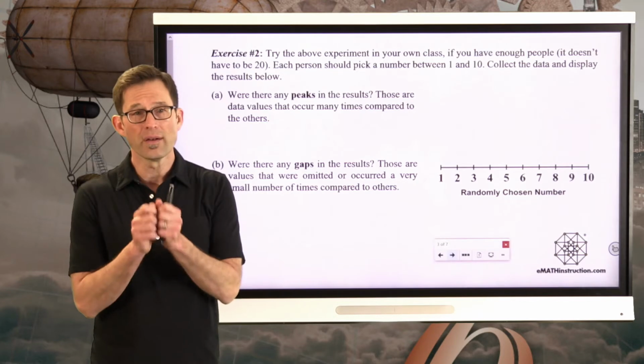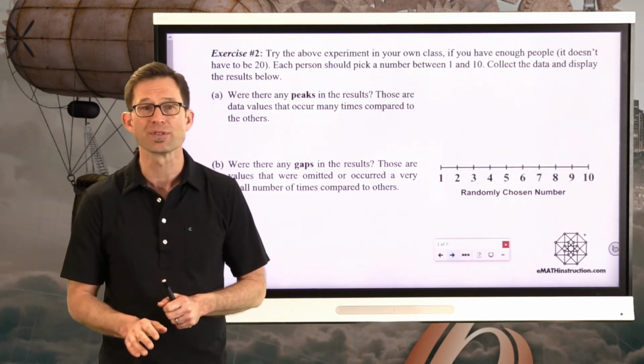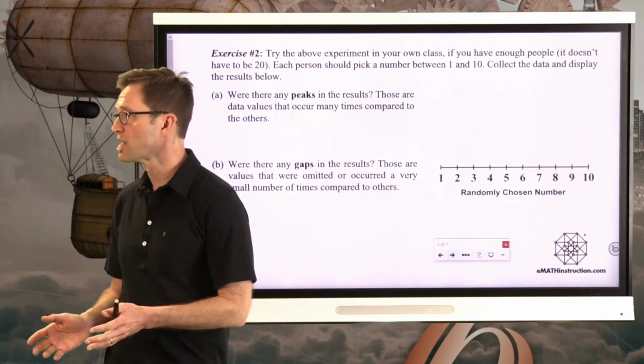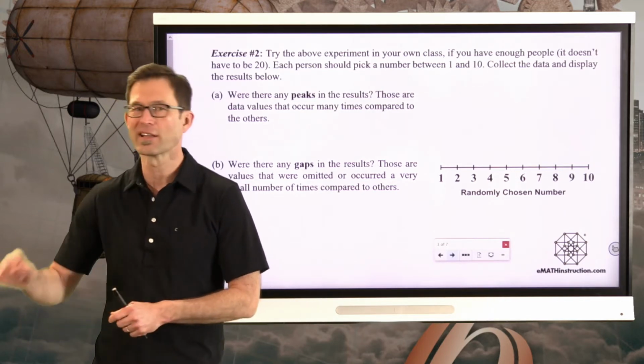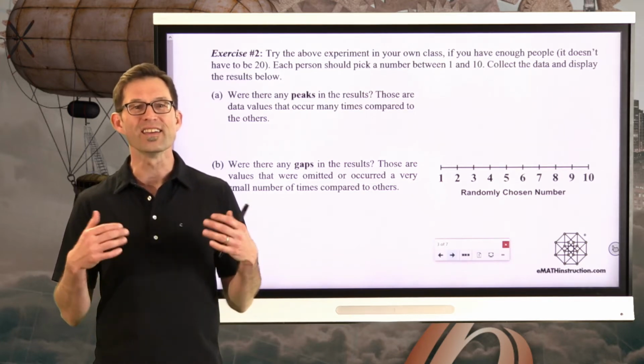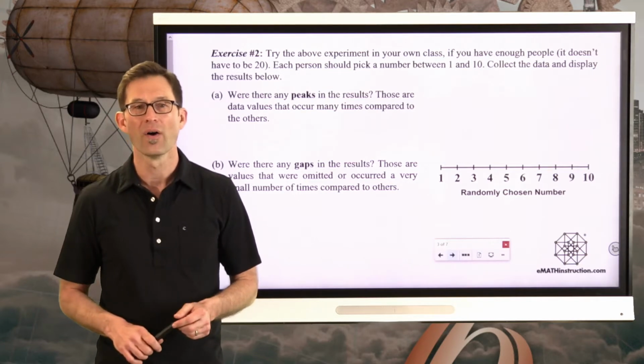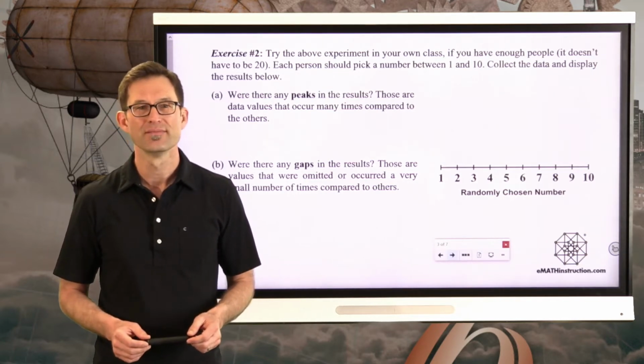Have every kid write down a number between 1 and 10 on a piece of paper, and don't have them consult their neighbors, because if they turn to their neighbor and say, hey, what'd you pick? I picked 5. That's a great choice. I'll write down 5. That's not what we want. We want these independent picks to see what we have. Pause the video now and go ahead and actually do this.